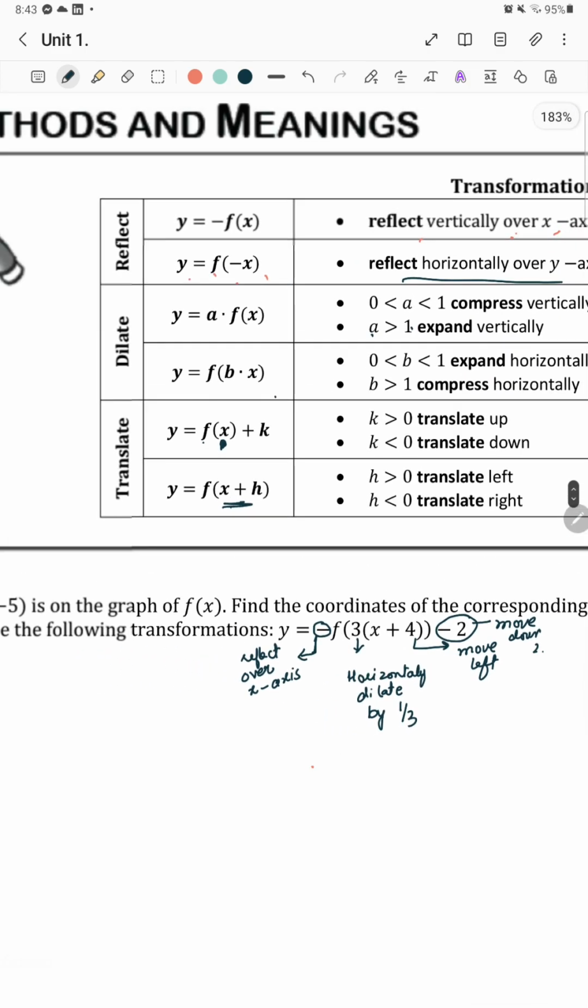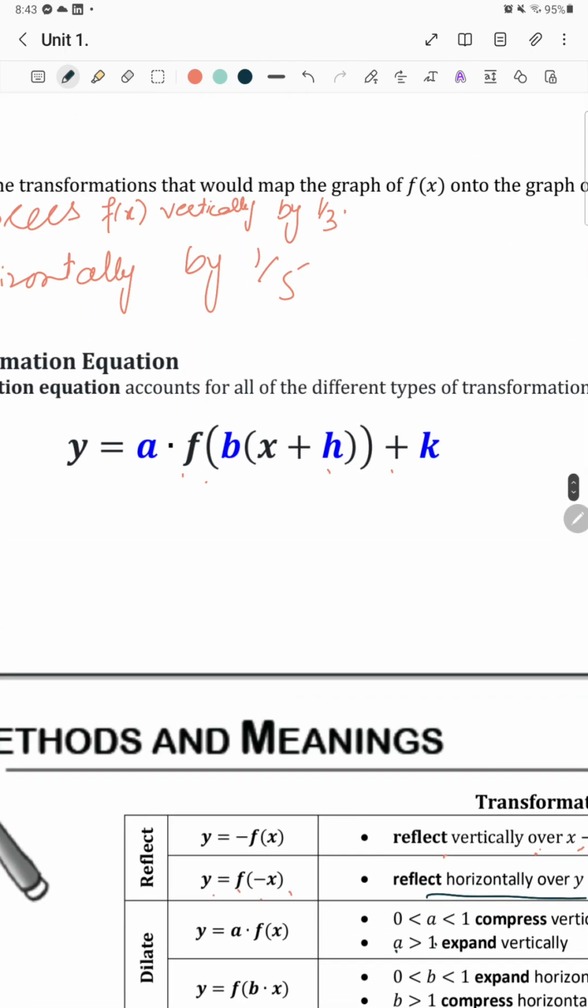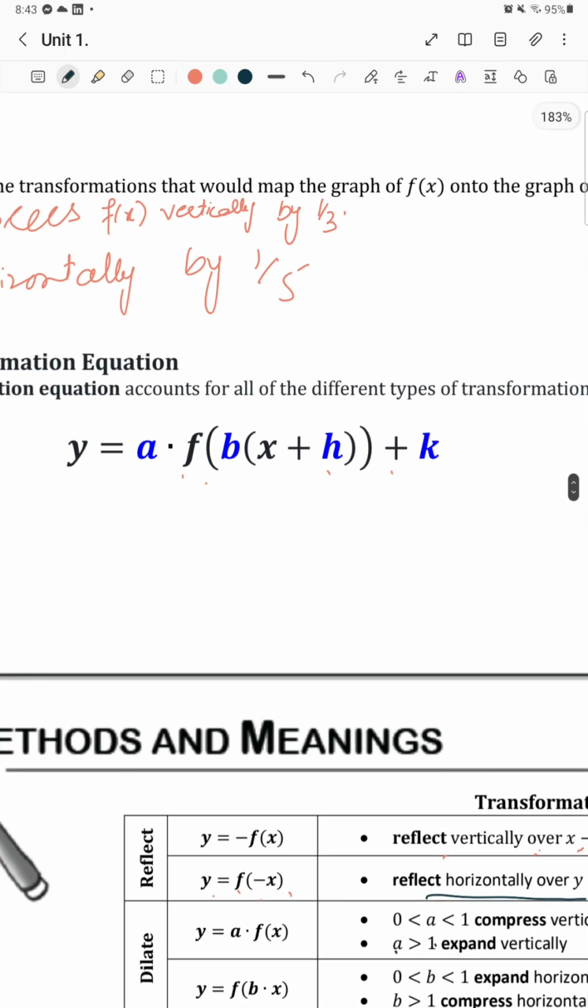Okay, how do we understand this equation? To understand this equation, we first need to understand this general equation.